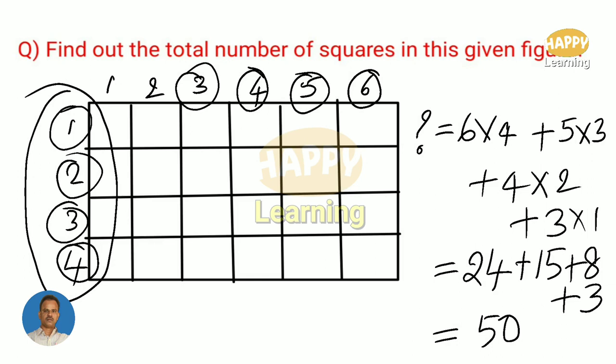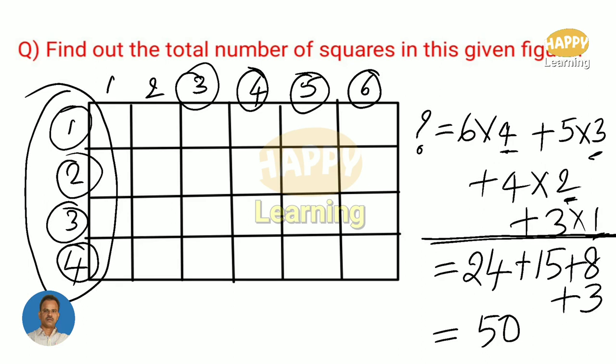So in the number of rows and number of columns, maximum number into maximum number, plus the next number into next number, plus the next number into next number, like that till either rows or columns are exhausted. Here 4 rows are there, so into 4 one time, into 3 next time, into 2 next time, into 1 next time. That's it. There the total rows are exhausted.